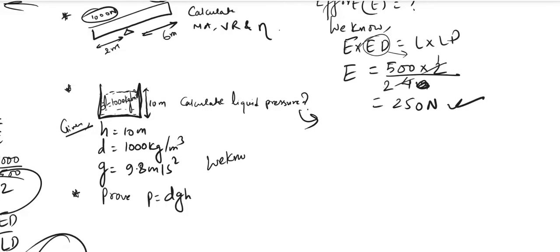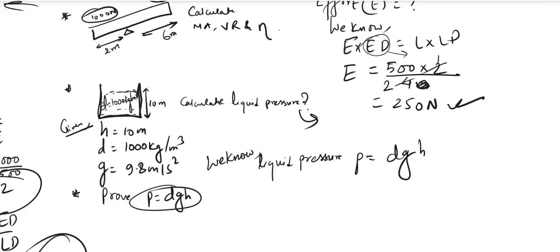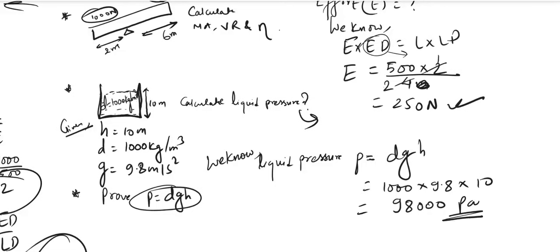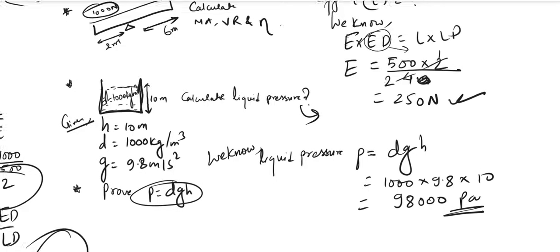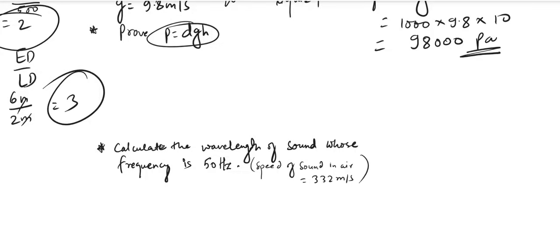We know the formula of liquid pressure: P is equal to dgh. Here d means density 1000, gravity 9.8, into height 10, so it becomes 98,000 pascal. That is the pressure exerted by the liquid on the wall or bottom of the container.